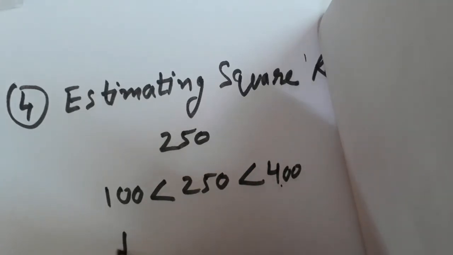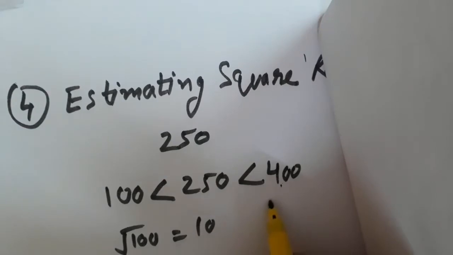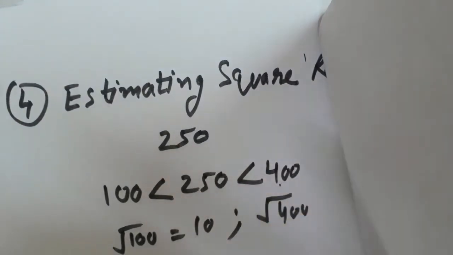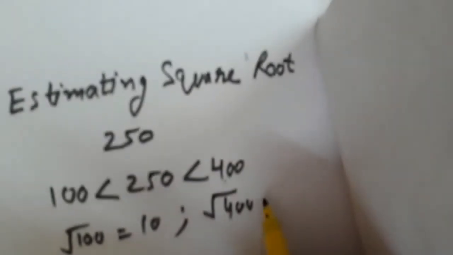So that means the square root of 100 is 10, the square root of 400 is 20.